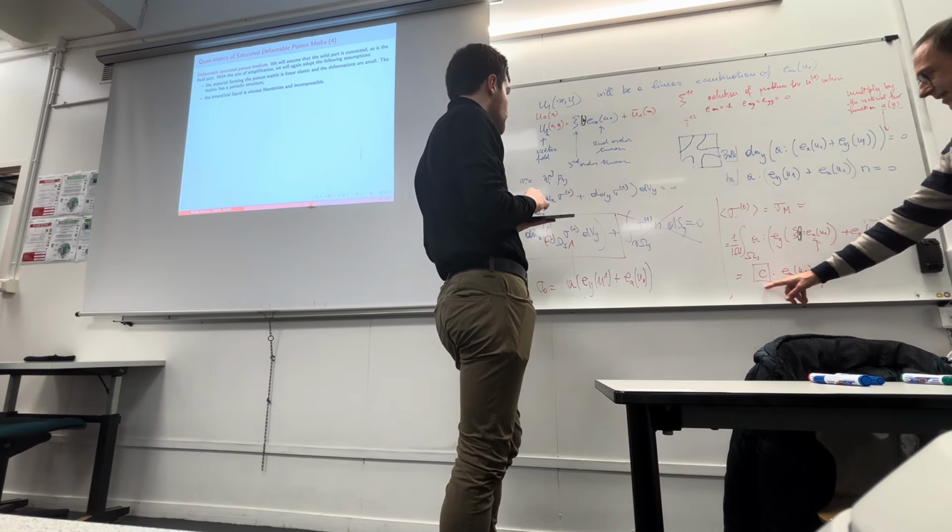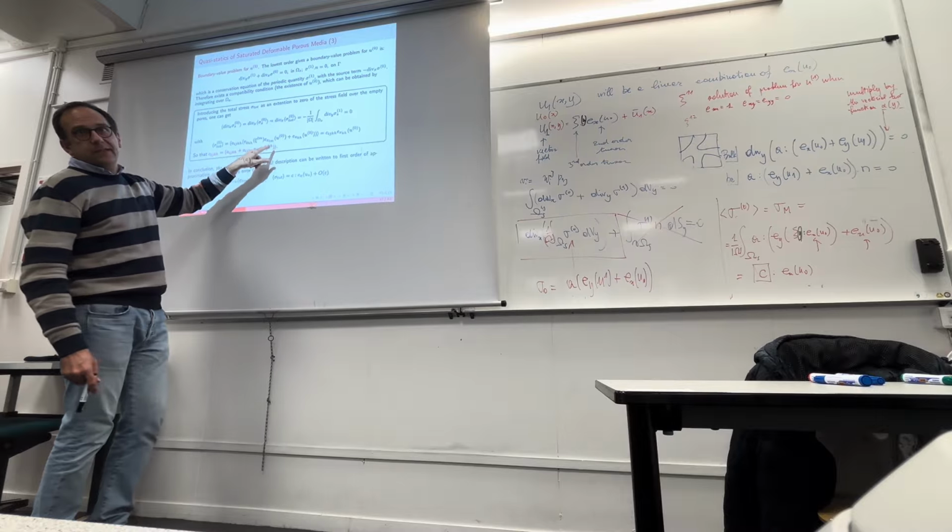Now you see that the dependency on ex of u naught is linear, and ex of u naught is constant with respect to these brackets, which indicate the integral with respect to y. So you can extract ex of u naught from the integral. What remains is the integral of something which I call C. And what is the C? It is the integral of the A plus the A times the ey of psi, with the indices placed correctly.